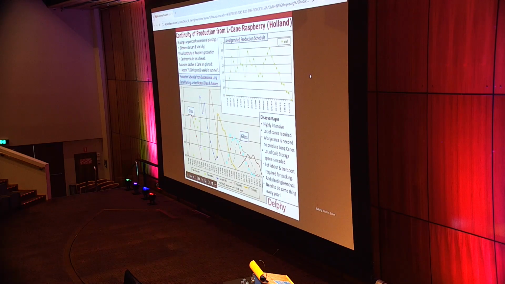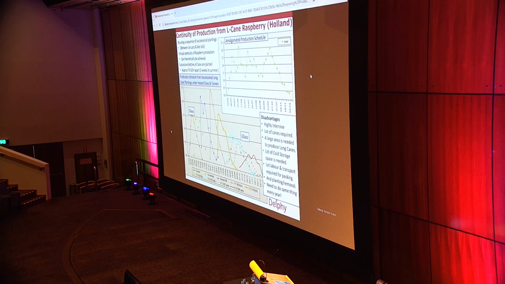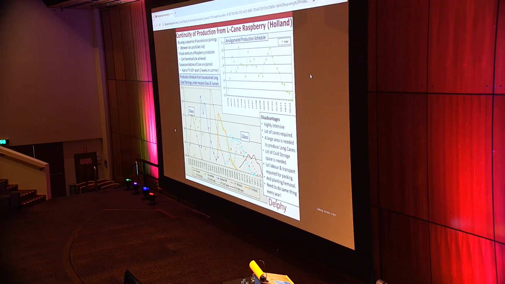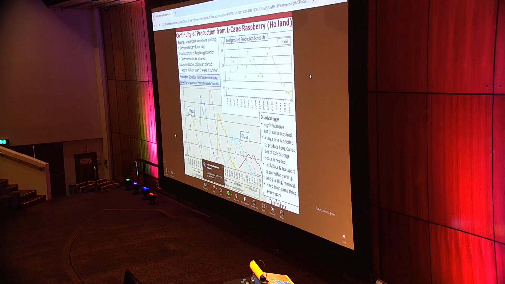Okay, so looking at continuity of production, this is long cane raspberry production in Holland. By using a sequence of successional plantings between January and late July, virtual continuity of production can theoretically be achieved with successive batches of long canes planted approximately 7,000 GDH apart, giving you about 3 weeks separation in the summer.